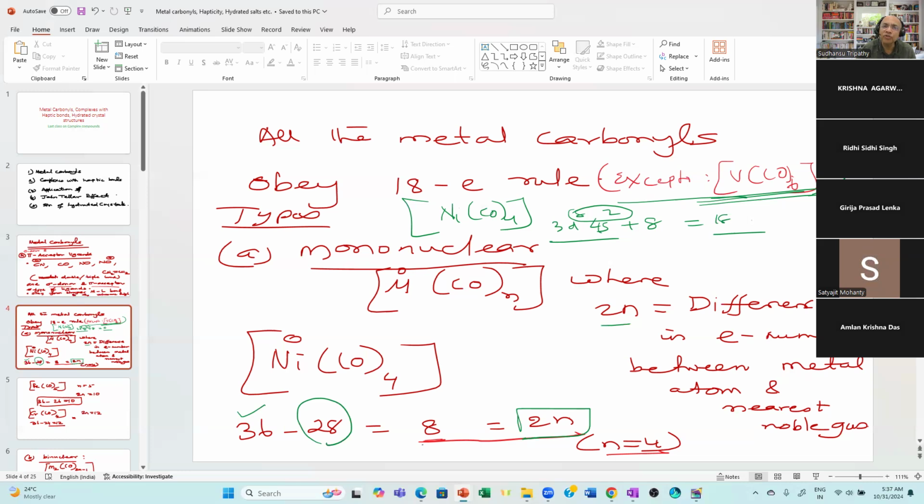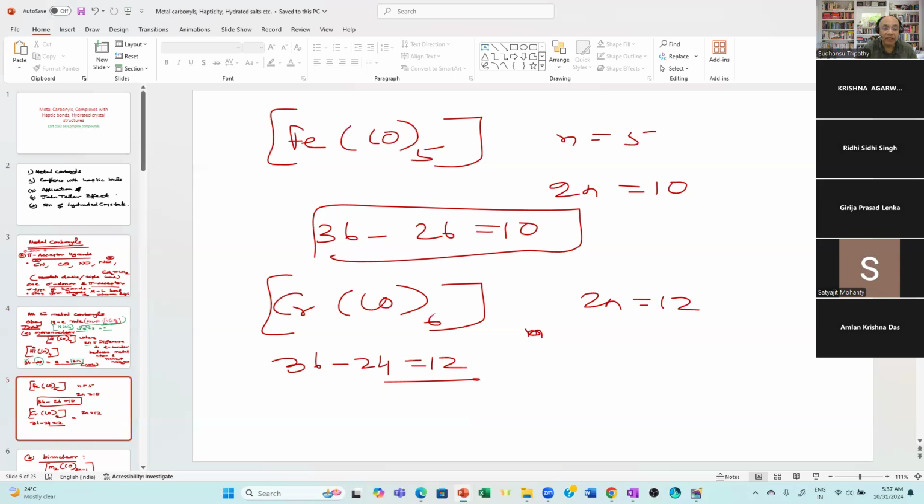So nickel cannot form Ni(CO) whole 5 or 3 or 6. It has to form Ni(CO) whole 4. Iron will definitely form Fe(CO) whole 5. See, iron, the atomic number is 26, and the nearest noble gas is the same krypton, 36 minus 26, 10. 10 divided by 2 is 5.